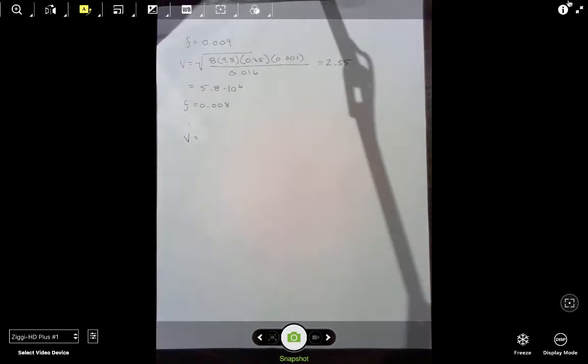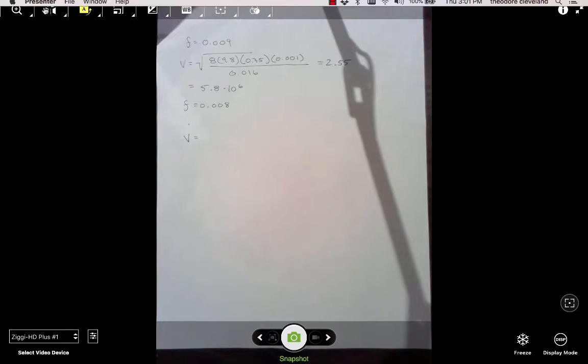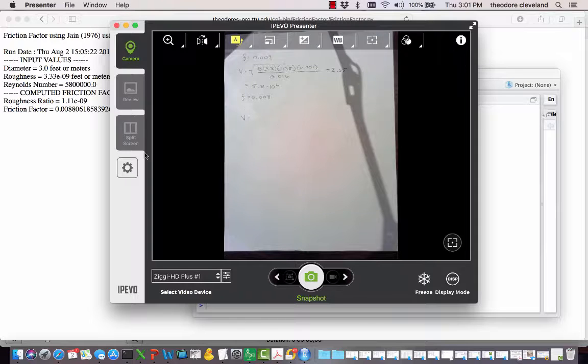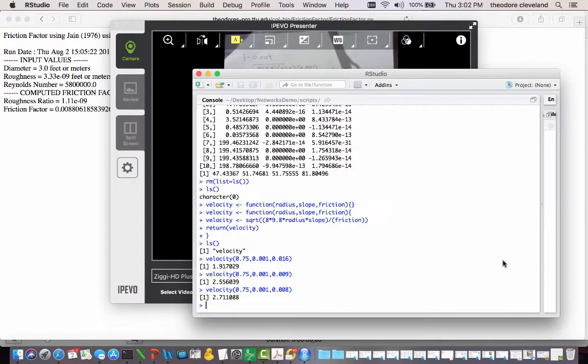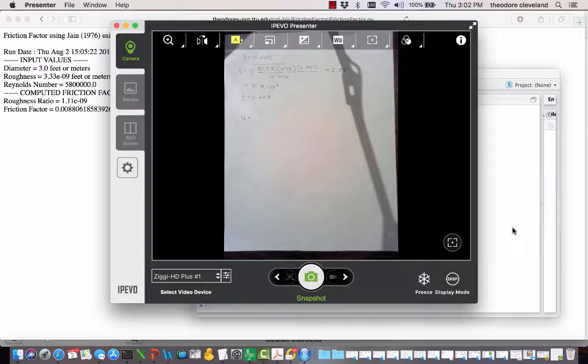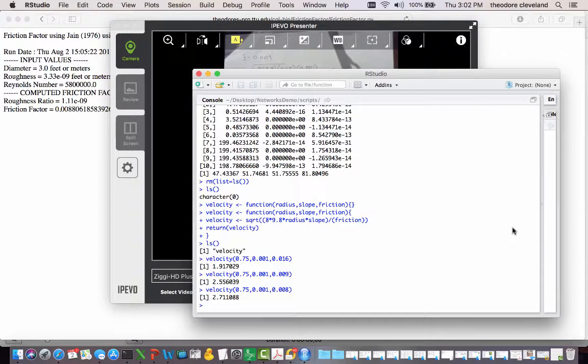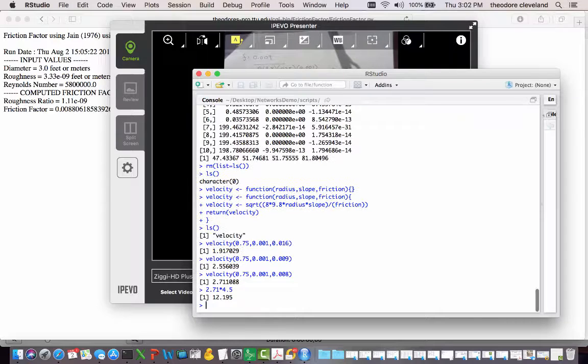Velocity is 2.71. And now we'll just go ahead and take 2.71, multiply that by the cross-sectional area, which was 4.5 square meters, and we get a Q of 12.195 meters cubed per second.